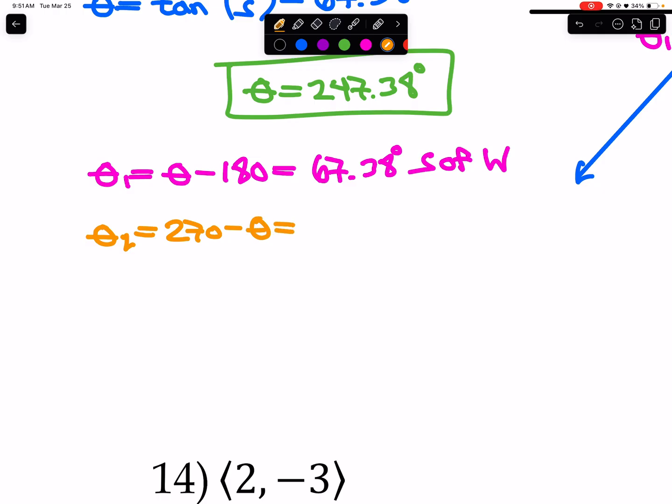So 270 minus 247.38013505. I'm going to plug in the whole thing. And then that's going to give us 22.62 degrees. And then that would be west of south.